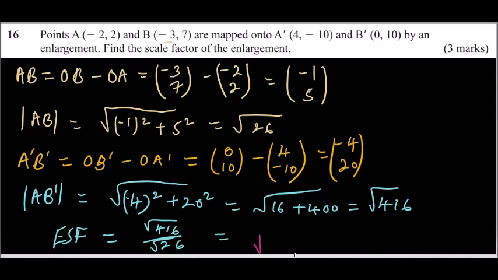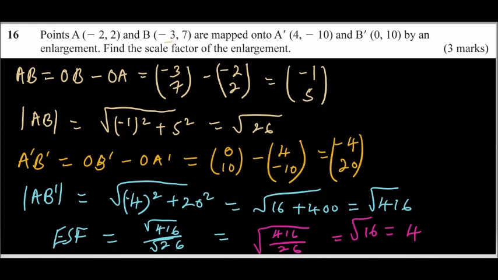You can combine this and say this is 416 divided by 26, which will give you the square root of 16, and the square root of 16 is 4. So the enlargement scale factor is 4.